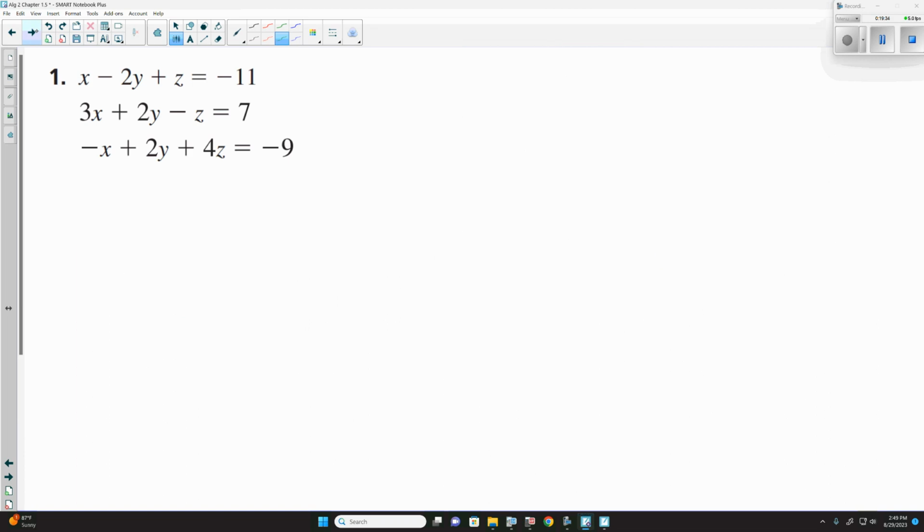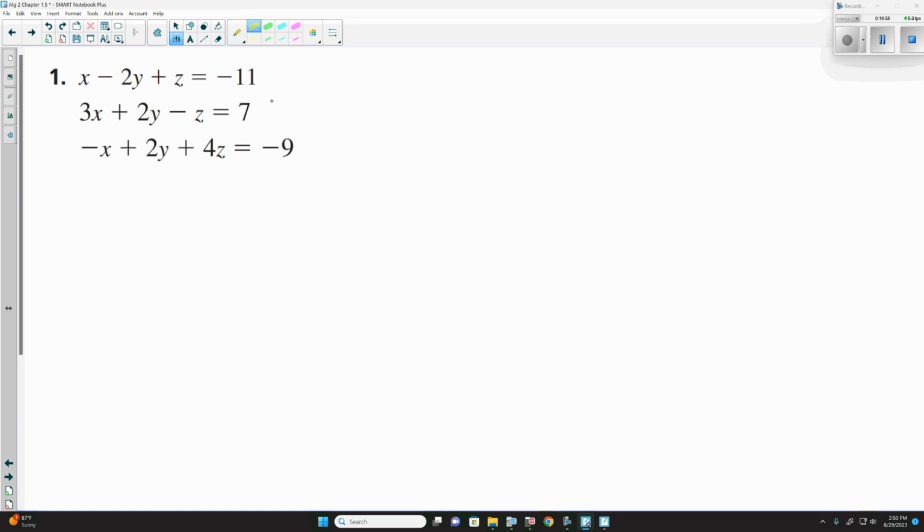Let's look at the next one. Now, looking at this problem, the first thing we need to determine is if we're going to eliminate x, y, or z first. Why? Because the value for each y is already 2. They're already the same. If one of them's already the same, that's the one I'm going to use because it makes things a lot easier.